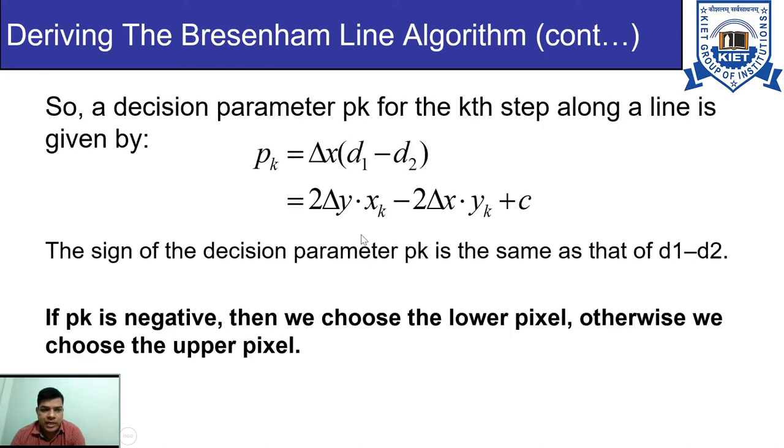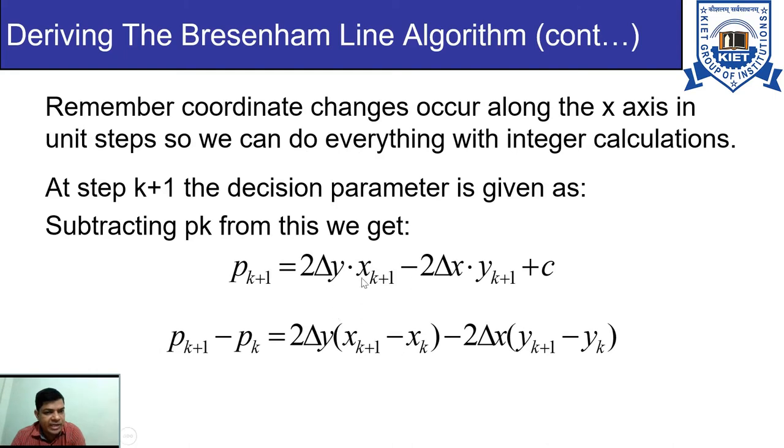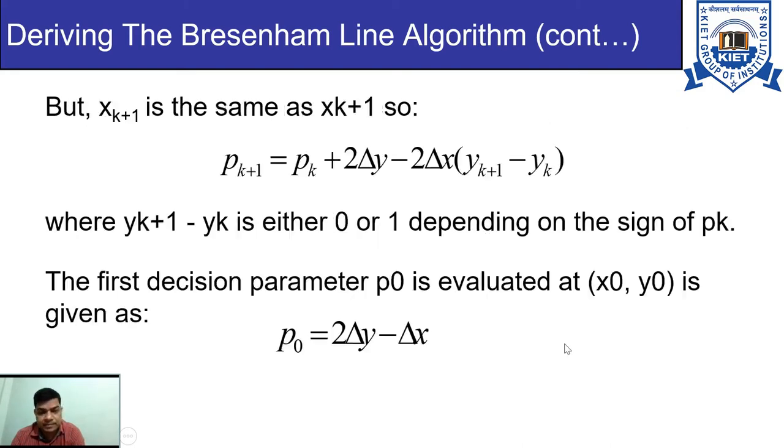We have already calculated the pixel parameter at k, whose value is 2 delta y xk minus 2 delta x yk plus c. Now we are approximating the next pixel parameter. For that we simply substitute k as k plus 1, and you will get this equation. Now you have to subtract these two equations, that means calculate pk plus 1 minus pk, and you will get this.